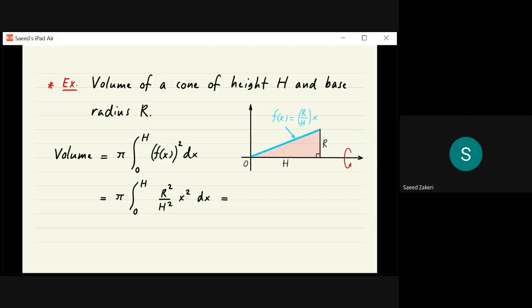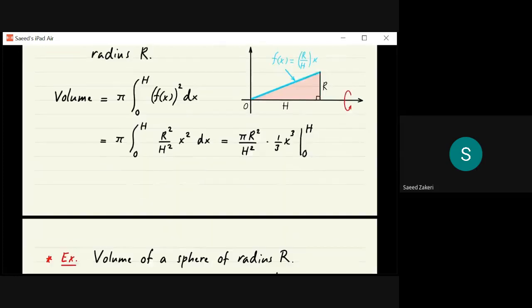So that's pi r squared over h squared times the integral from 0 to h of x squared. Basically, I have to integrate this, so it's 1/3 x cubed evaluated at 0 and then h. This part of the computation is very similar to what we did for the pyramid. So this is pi r squared over h squared times 1/3 of h cubed.